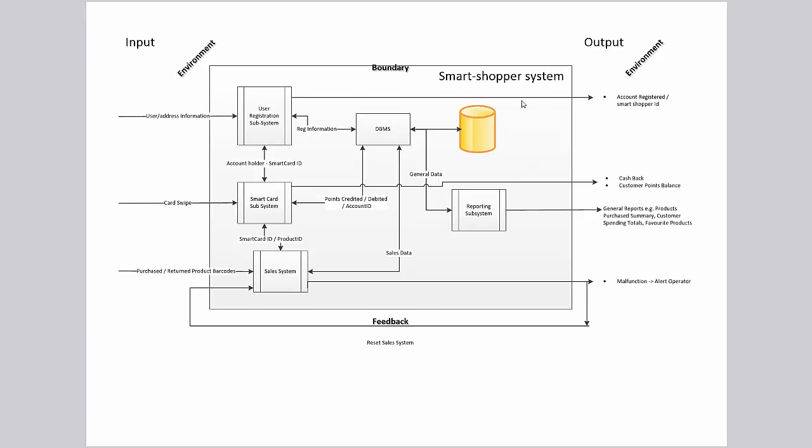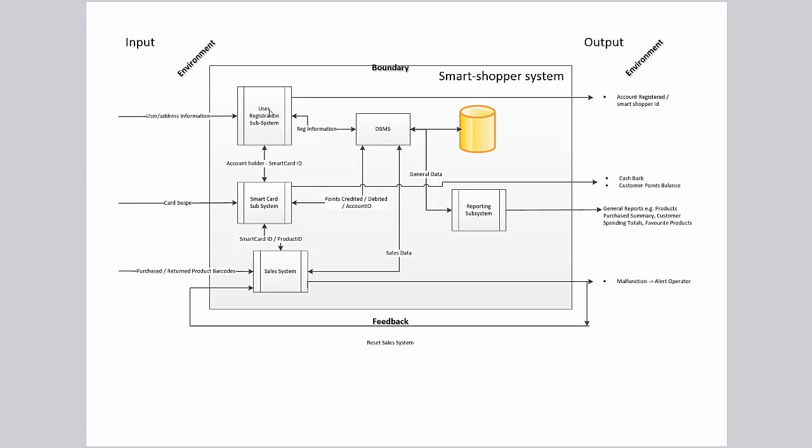The boundary encloses the system and all of its elements. The system has an environment, and in that environment a number of different properties have been designated. These properties become inputs, and the inputs flow across the system boundary. Once inside the system boundary, they will enter a particular subsystem.